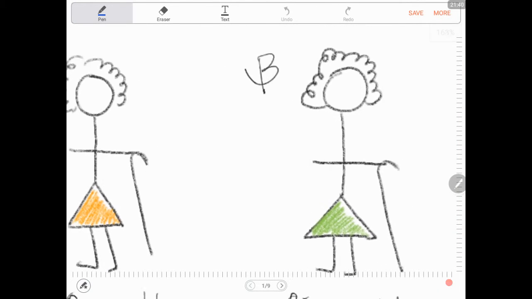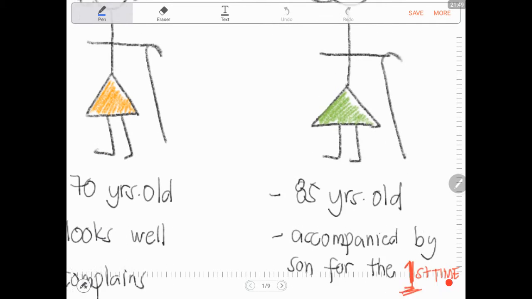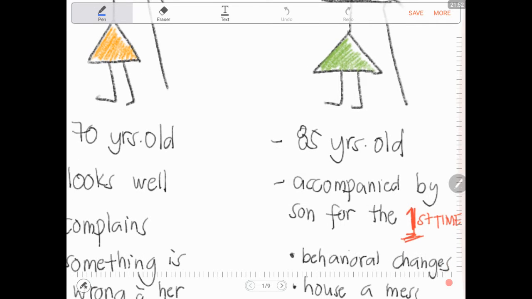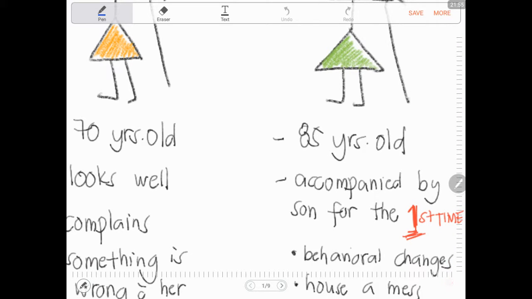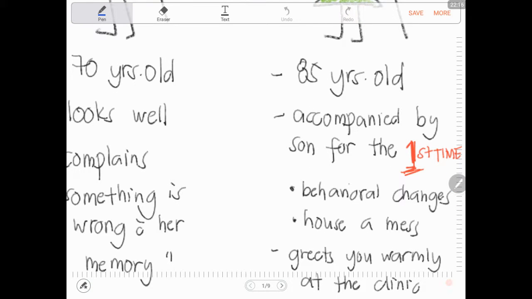Ayan. And yet here comes Lola B, who is also your old patient, long-time patient na, 85 years old. She comes in with her son, which actually happened for the first time. And instead of her complaining, it's actually the son who's complaining that the mother, si Lola B, seems to be acting strangely, such that when he went to the house, he found the house to be all topsy-turvy, magulo, no? Parang may dumaan na bagyo.